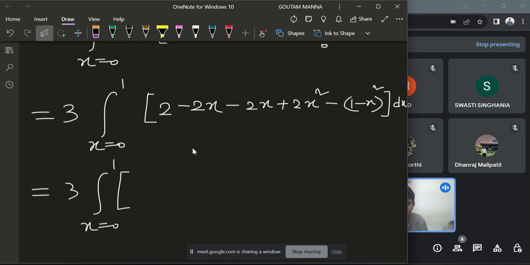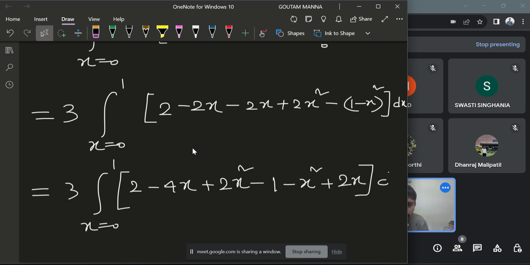If I do some simplification, it will be 2 minus 4x plus 2x square minus (1 minus x) square plus 2x, times dx.